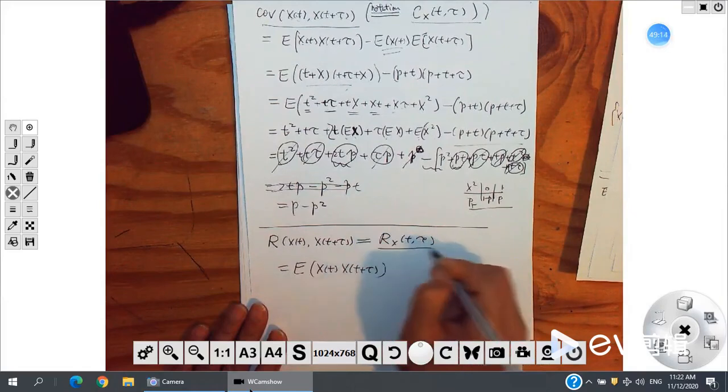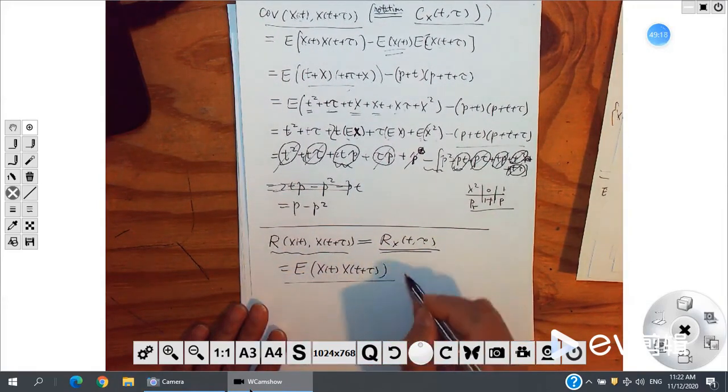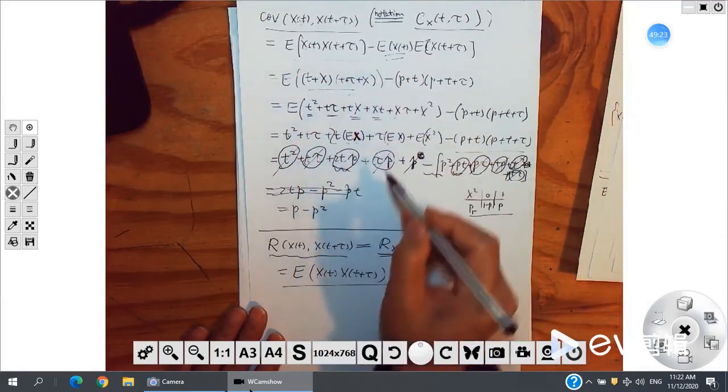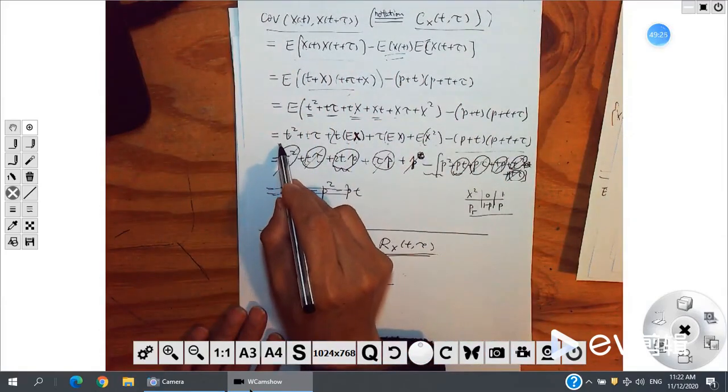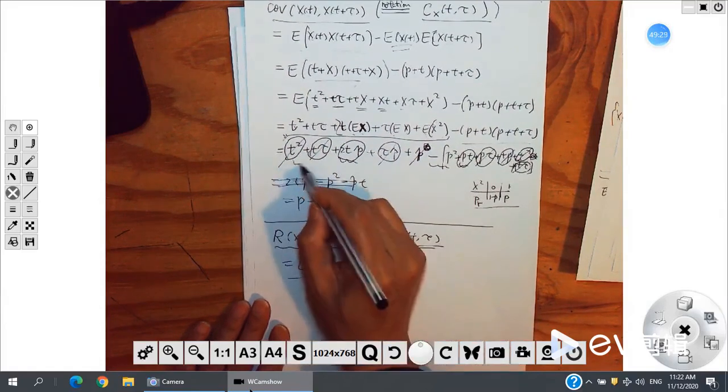We use this notation. You need to do some calculation, and it is just this part.